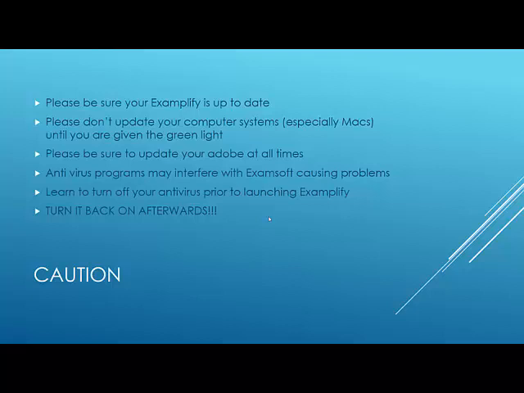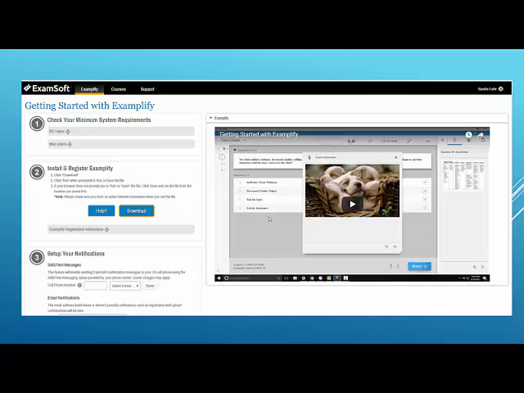Antivirus programs are the biggest problem with interference with Examsoft. Again, that's gotten better with time. It may be important for you to learn how to turn off your antivirus prior to launching Examplify, but you need to make sure you turn it back on again because we don't want you getting viruses. We know it's a bad time to get viruses.